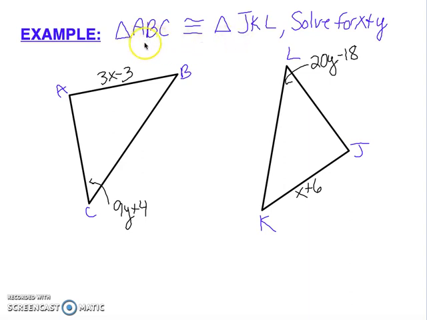So AB has to be congruent to JK. So I can set 3x minus 3 equal to x plus 6. And if I add 3 to both sides and subtract x, I end up with 2x equals 9. So x equals 4.5.